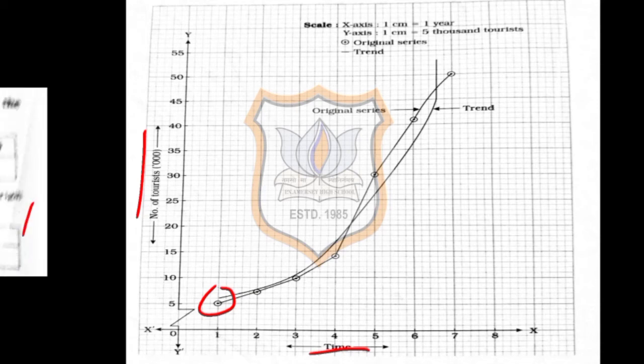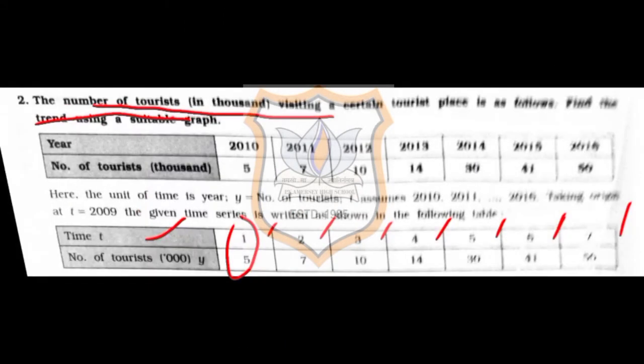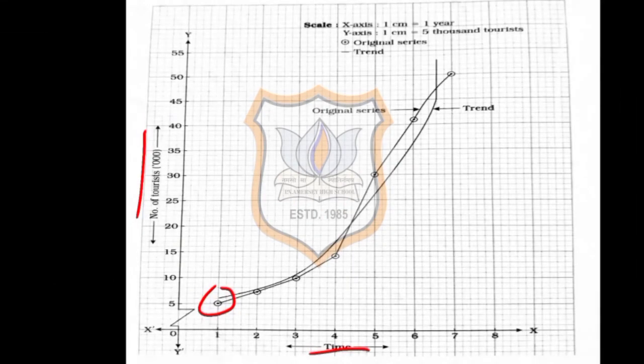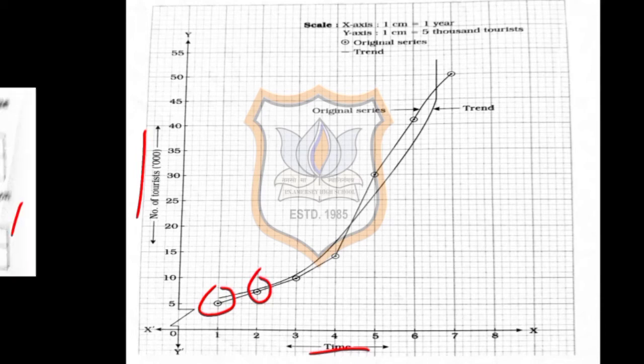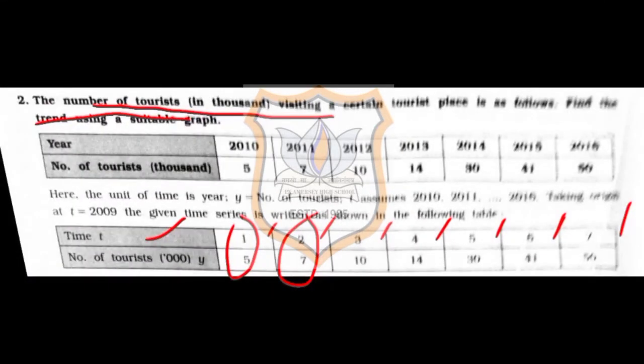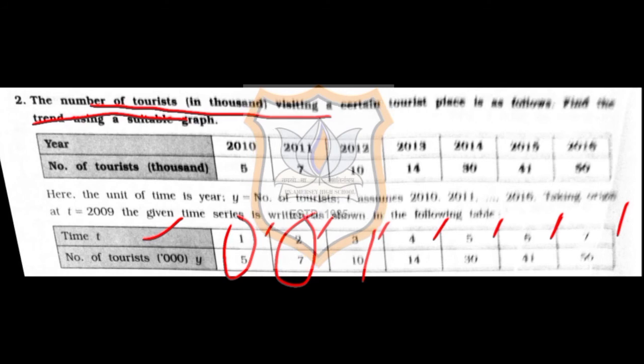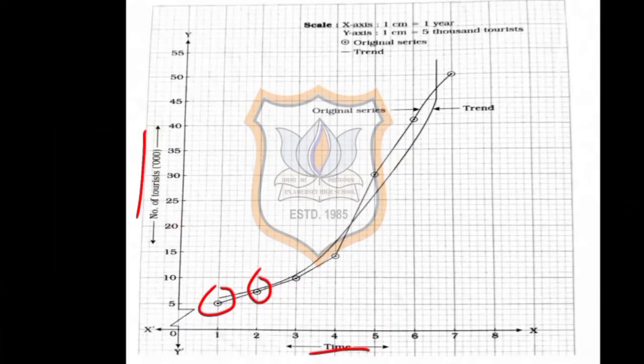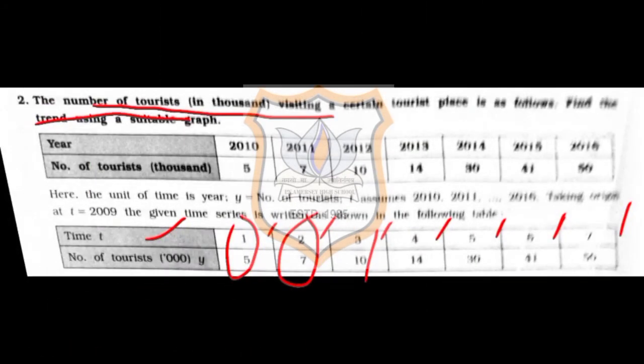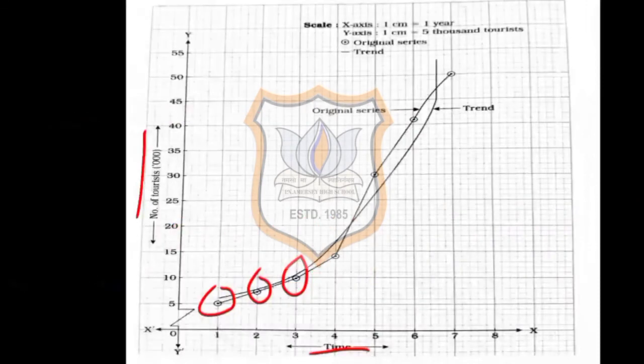Now let's take the second. For 2 it is 7. So if you plot 2, it is 7. This is the point. For 3 it is 10. So if you plot the point, this is for 3 and the value is 10. For 4 it is 14. So if you plot the point, this will be the value.